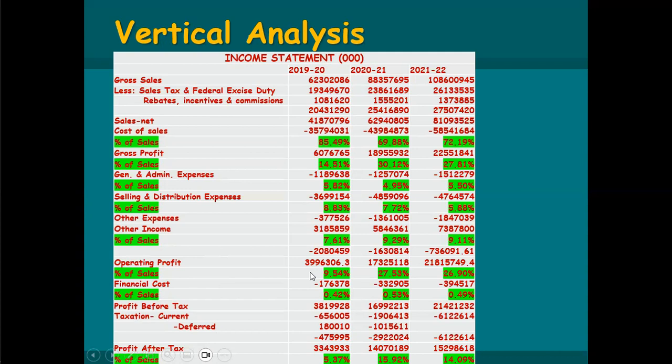Operating profit, because of the different measures, particularly in case of cost of goods sold and other measures which the company is taking, the gross profit significantly increased in the second year.